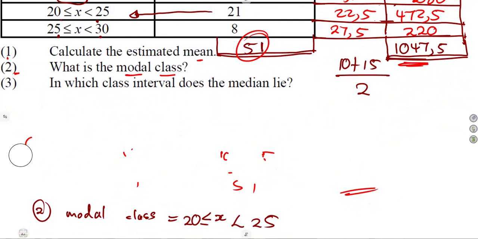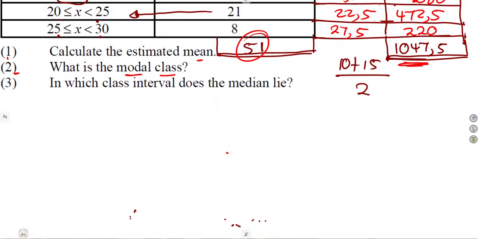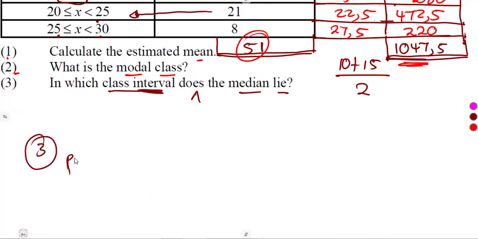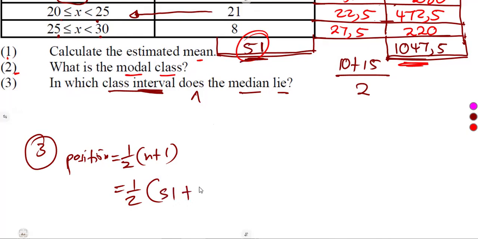All right. Then on the other hand, in which class interval does the median lie? So first, the position. We need the position of the median, which is half of n plus 1. So how many terms? The total frequency, 51. So that's 51 plus 1, which is 52. Half of this is 26.